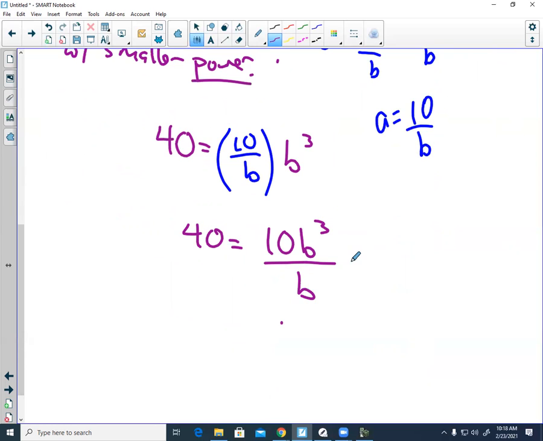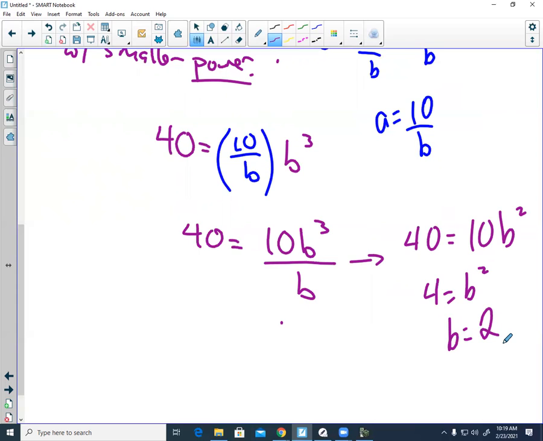So this becomes 40 equals 10b squared. This is why you always want to solve for the smaller power, because then you're going to be left with more b's on top, and it's going to make you have a little bit less work.